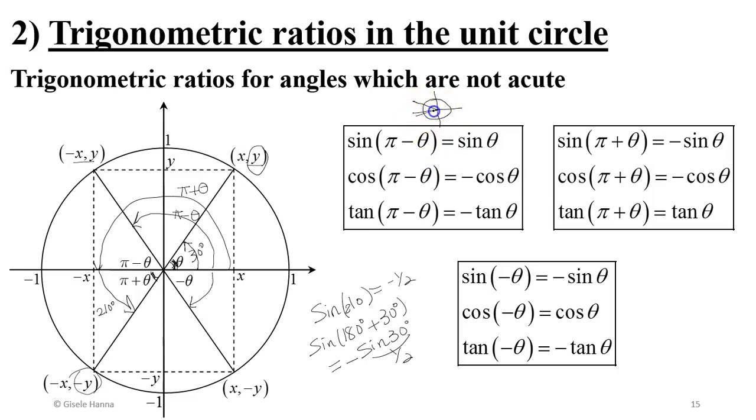In quadrant 2, cosine is negative. So cosine of pi minus theta is negative cosine theta. And sine is positive. So sine of pi minus theta is equal to sine theta. So it's a plus because in this quadrant sine is positive, and in this quadrant tan is negative. So tan of pi minus theta is negative tan theta.